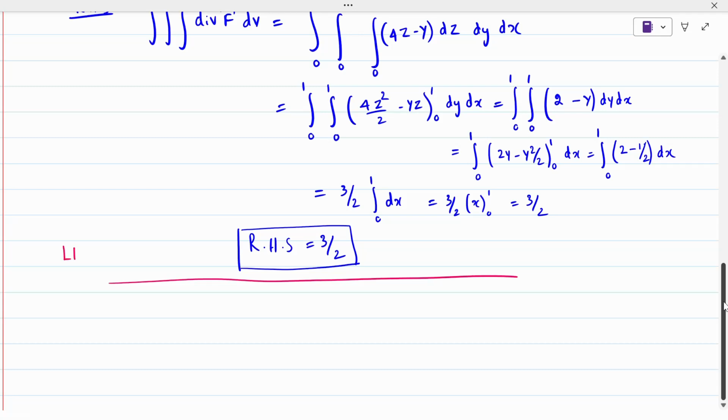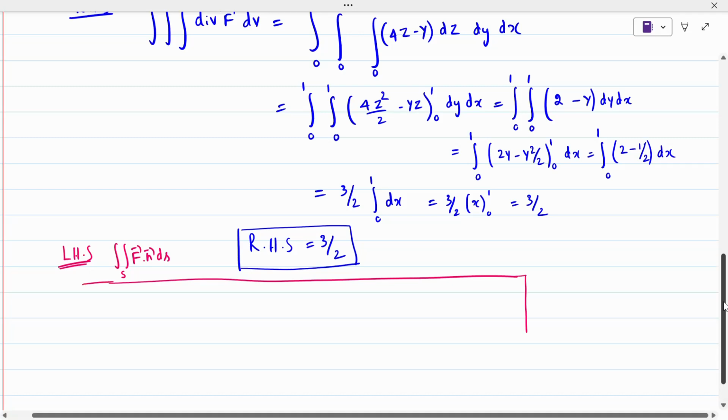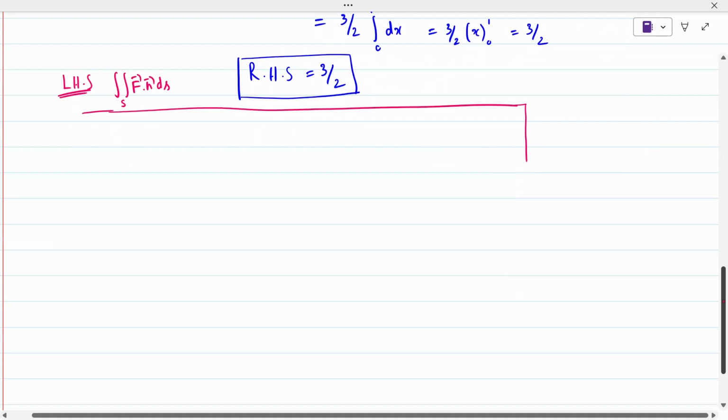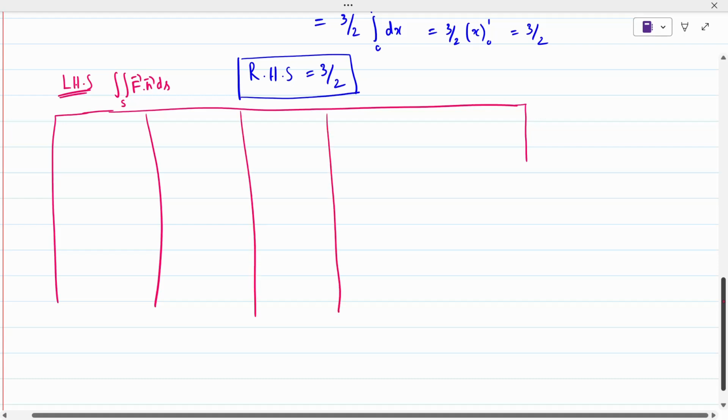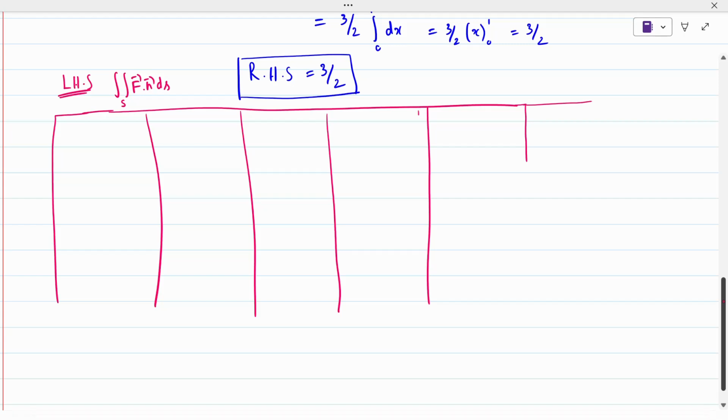Now I have to do the left hand side, nothing but double integral over f into n vector into ds. All the 6 surfaces I will write in a table format: first surface, second surface, third surface, fourth surface, fifth surface, and my last, sixth surface.